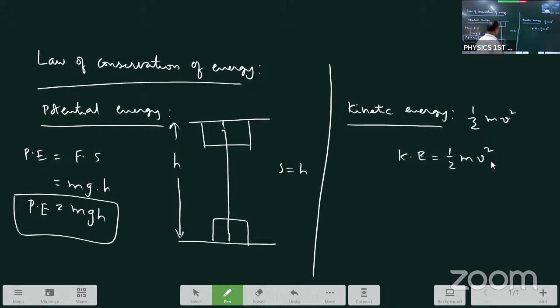Okay. So now we go for that. Freely falling body case. Law of conservation of energy in case of freely falling body case. Now see this.